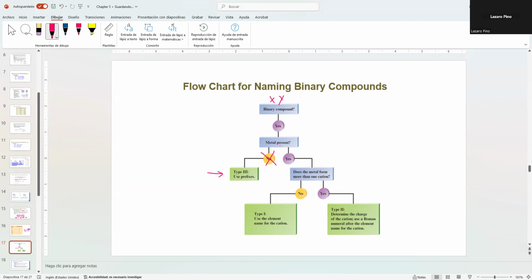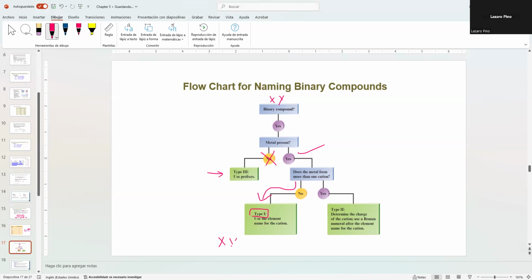If a metal is present, we have to distinguish if the metal forms more than one cation. If no, then you follow this rule and you say we are in front of a type 1 binary compound, and we use the element name for the cation.